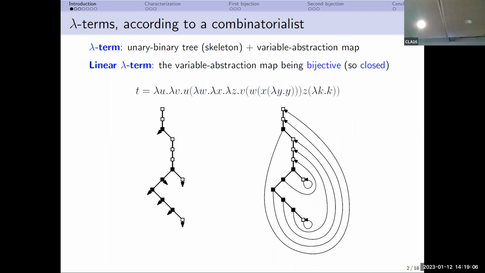And we see that when we do the variable abstraction map, we can represent it as a diagram in which each leaf is converted to an arrow that points to its corresponding abstraction unary node. This diagram looks particularly nice, of course, but we can get much messier.